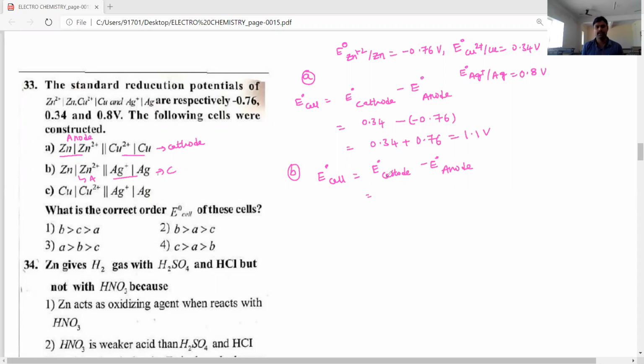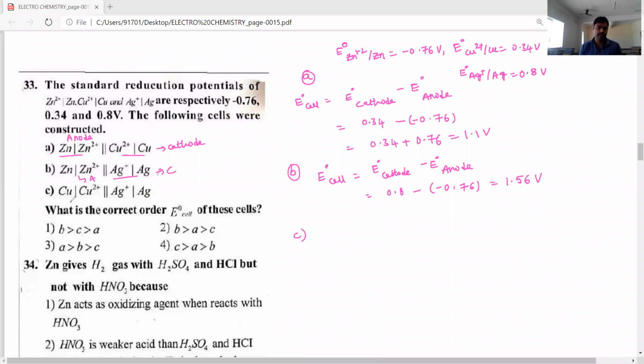The cathode is silver, 0.8, minus the anode, zinc, minus of minus 0.76 volts. On addition of both we get 1.56 volts.